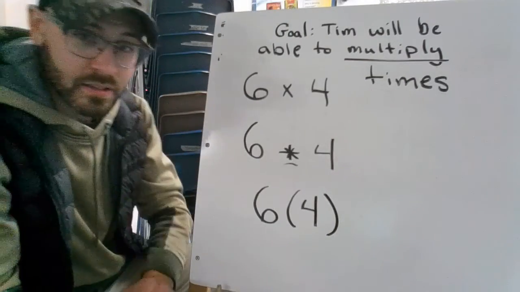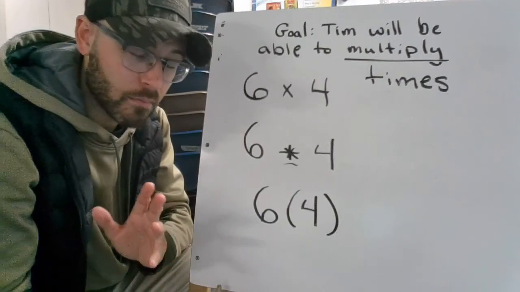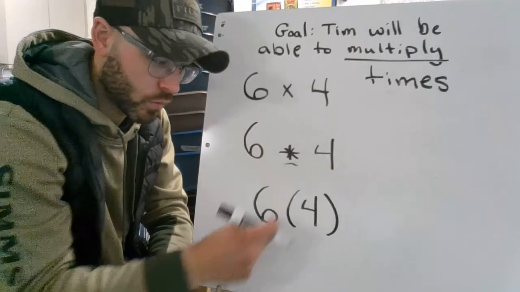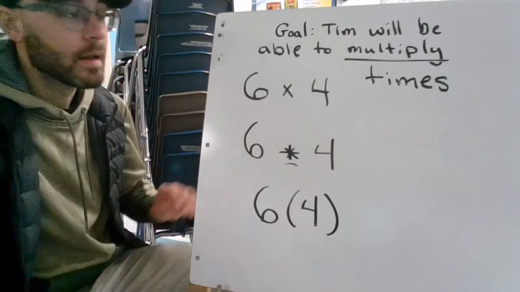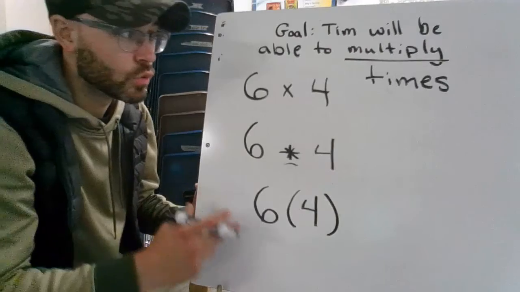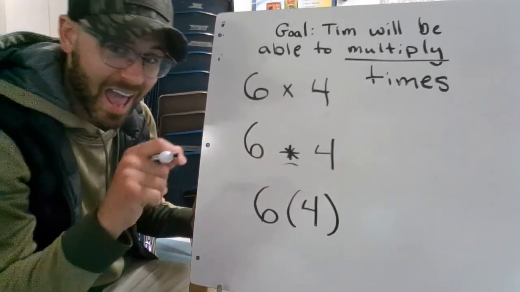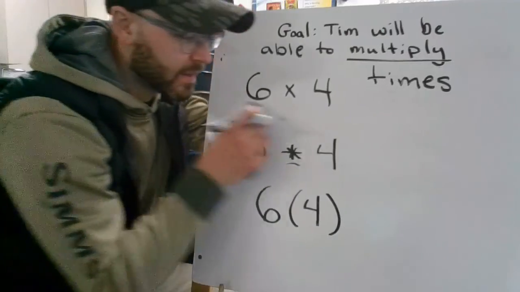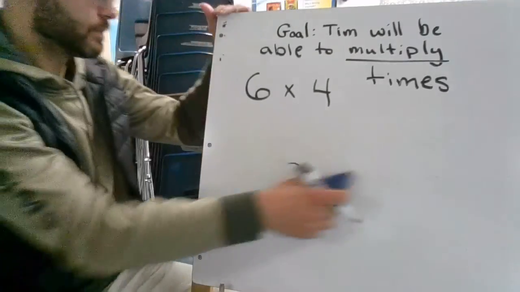All 3 of these say the exact same thing. Now that we know the 3 symbols that might be used, I'm going to jump into what multiplication actually means. I'll go back to the original problem. Let's just pretend they used the X.